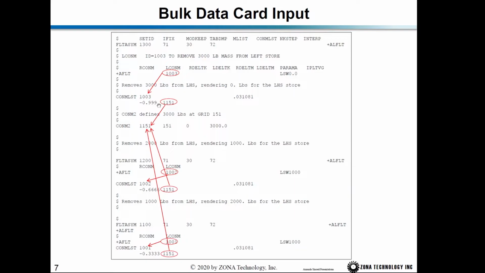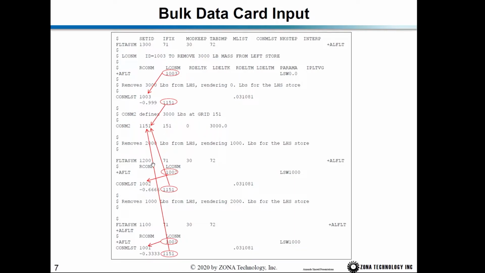In this content list, it refers to a content 2 card, and this content 2 card defines a 3,000 pound mass attached to this structure grid. And then in the content list, we want to take out this 3,000 pounds. So we put negative 0.999 there. And because this is in pounds, we have to convert it to a mass unit. In this case, we convert it to slug. And this is the first case.